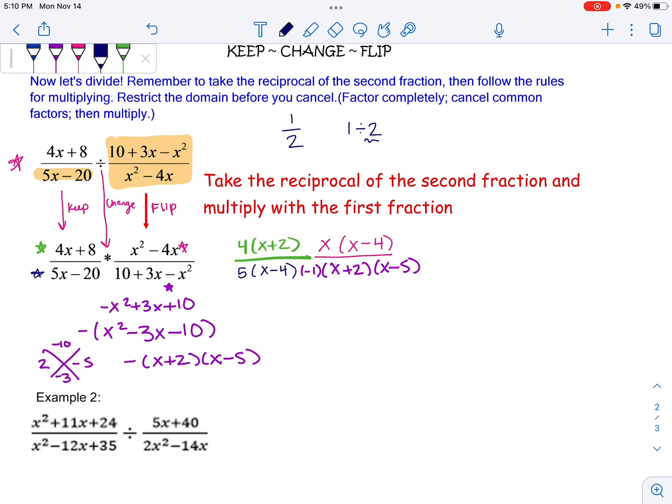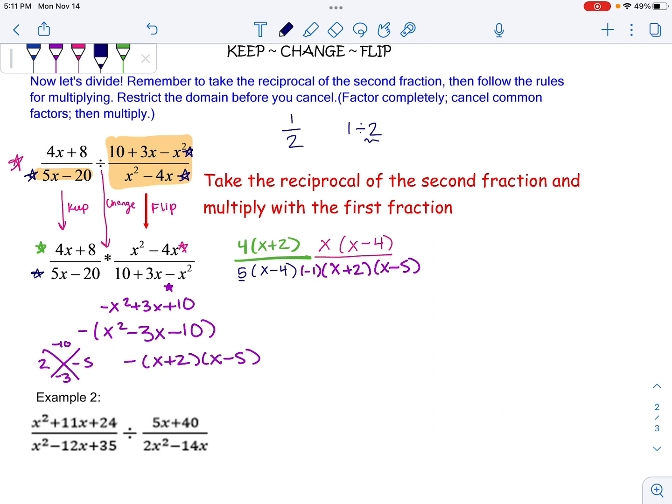So there's actually 3 places that we look for excluded values when we do division. That is the denominator of the first fraction and the numerator and denominator of the second. So I'm going to look at all 3 of those places to find my domain restrictions or excluded values. So the first one here, 5 does not have an x, so it is not a factor that I need to worry about.